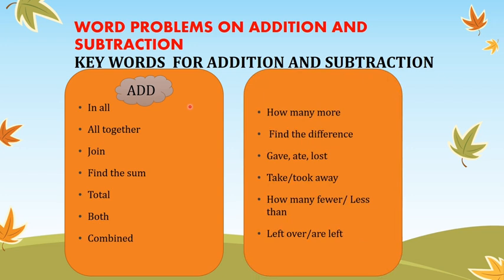And then comes subtraction. When will you understand that you have to subtract? When you find these keywords in the question: how many more, find the difference. Then you have gave, ate, or lost. This means the number is reducing, that from a certain number something is given, eaten, or lost.